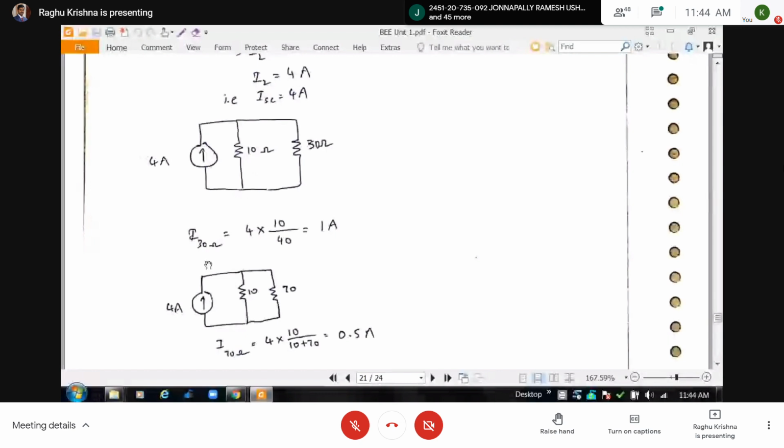Same. Now if RL equal to 70 ohms, I got the current flowing through 70 ohms as 0.5 amperes. So here you can see the same value when done using Norton and also when done using Thevenin's.